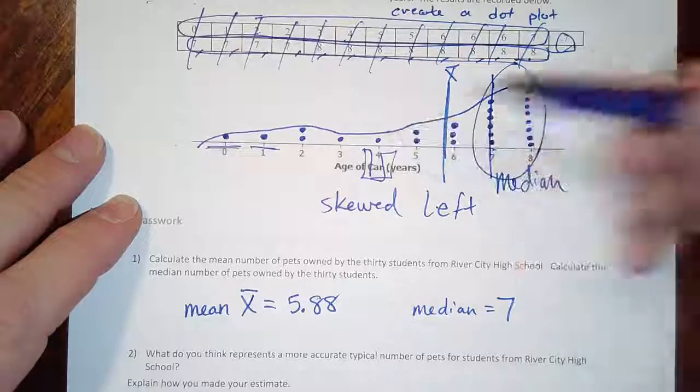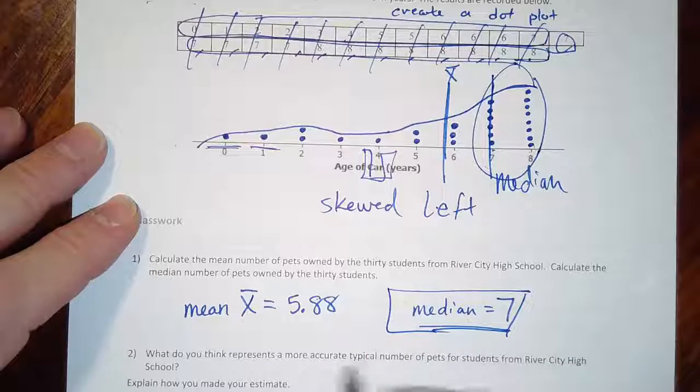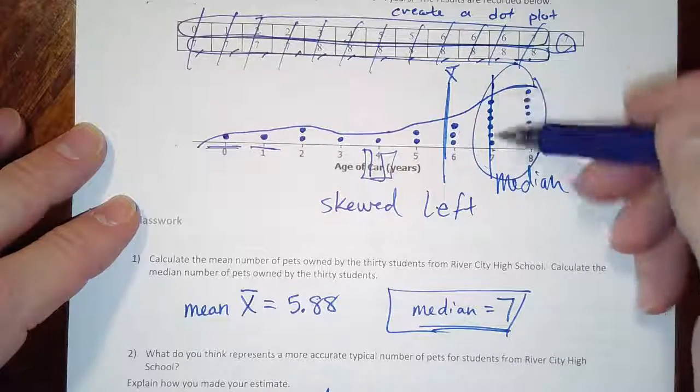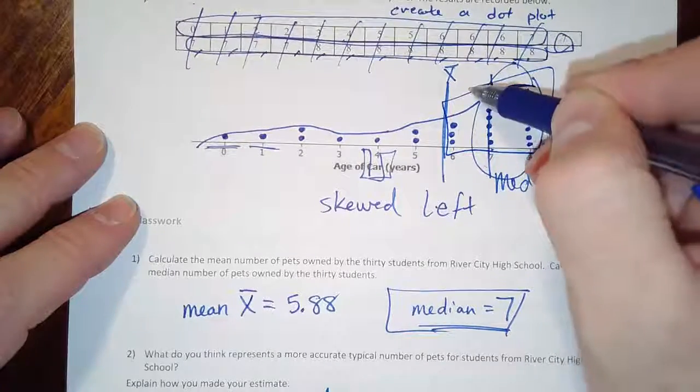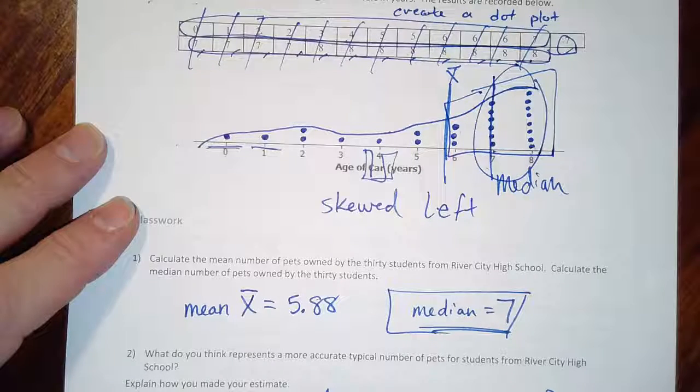This is typical because look, the numbers are right here. And the mean of 5.88 is not typical. It's not typical because it's over here, and there's 1, 2, 3, 4, 5, 6, 7, 8 numbers. Only 8 numbers are smaller than the mean, and 17 numbers are bigger than the mean.